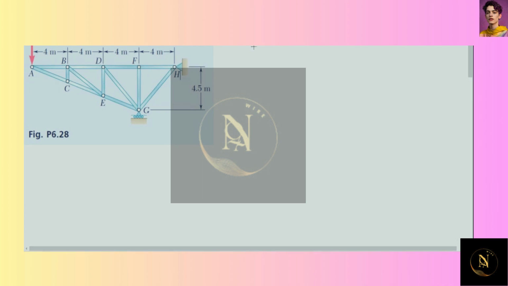So here in point H you can see a support. That support is called pinned support, and because of this type of support there will be two reactions, one vertical as well as a horizontal reaction. So let's name the vertical reaction as R of HY and the horizontal one as R of HX.